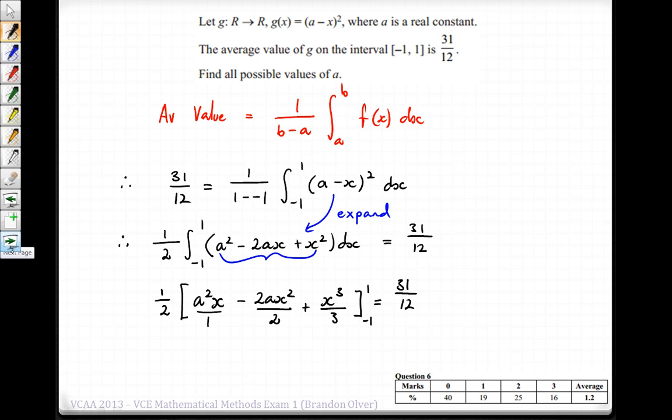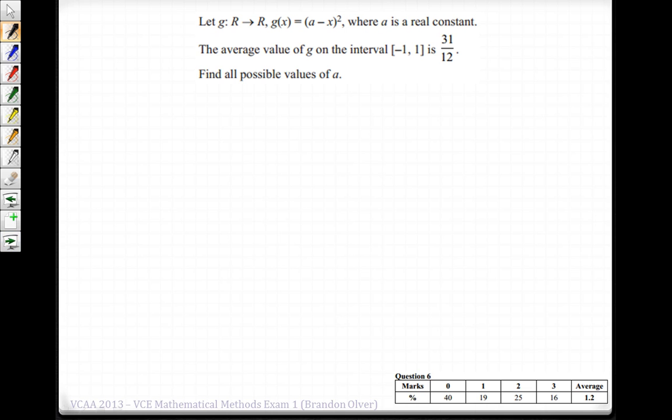So now we can say that from before we had a half outside of a squared times x minus, so we had 2ax squared on 2, which is just minus ax squared, and then we had plus x cubed on 3 between -1 and 1 equaled 31 on 12.